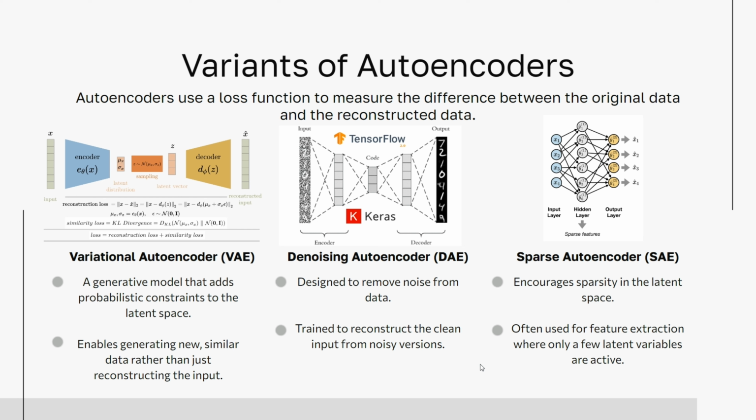Then we perform a mathematical operation called sampling, and we sample a latent vector out of the given compressed information.